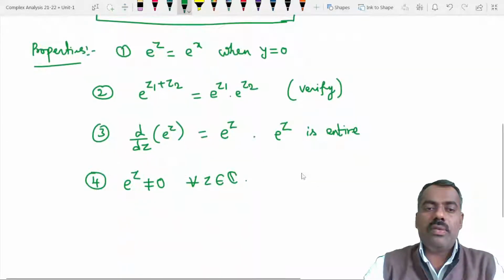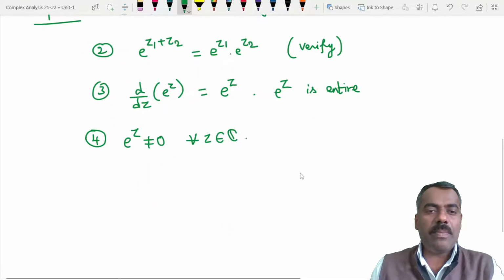Because it is a non-zero complex number, we can write it in polar form.